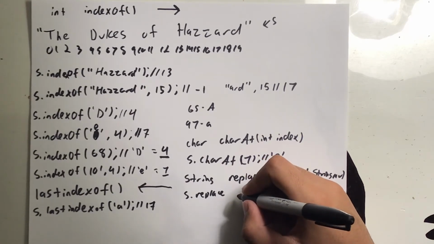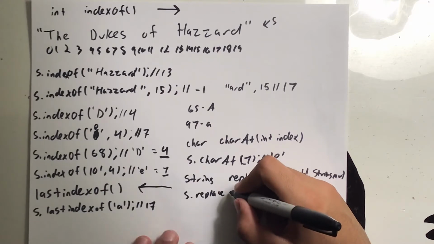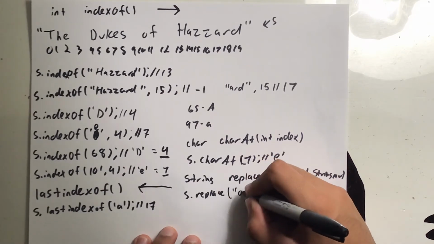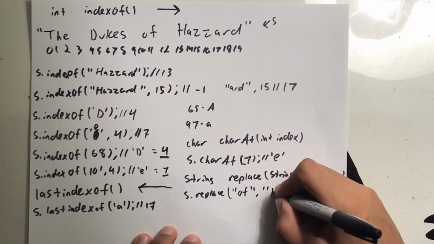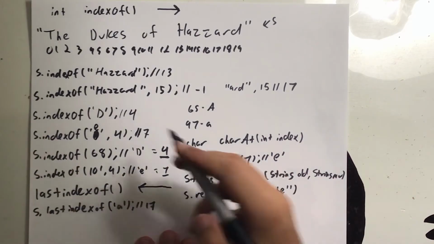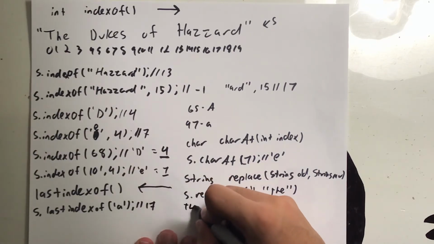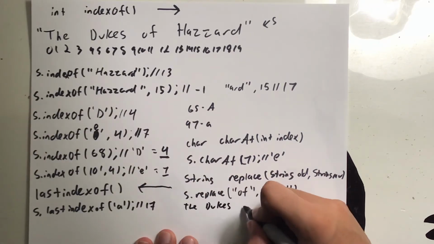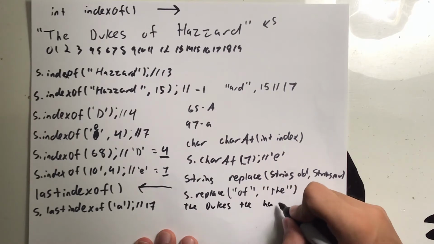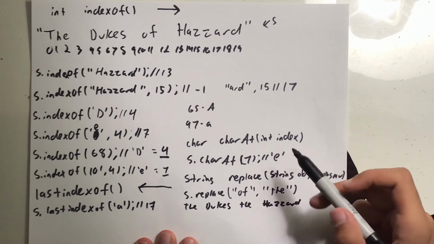So replace, let's do "of the" with "the Dukes the hazard." The new thing is going to be the Dukes the hazard. You can also use this with characters too.